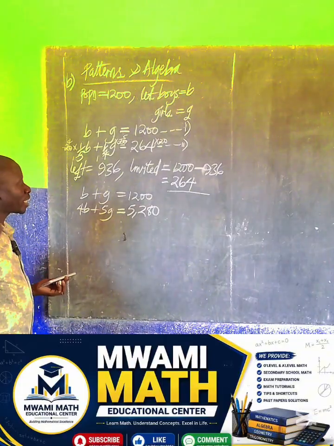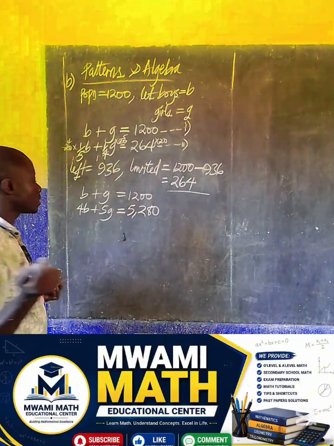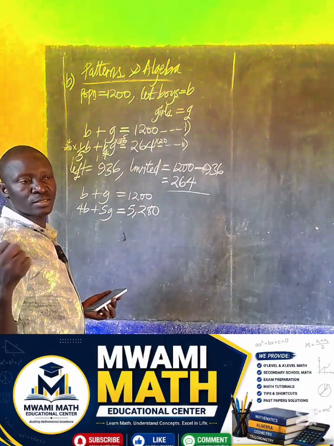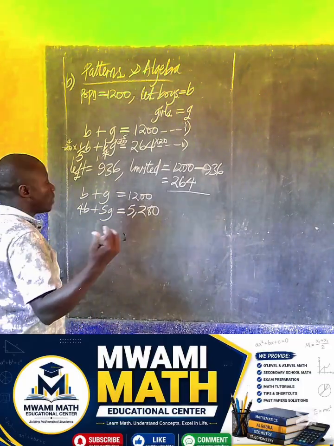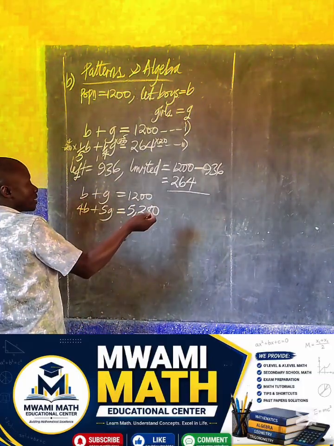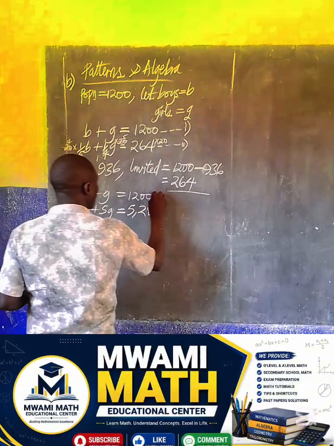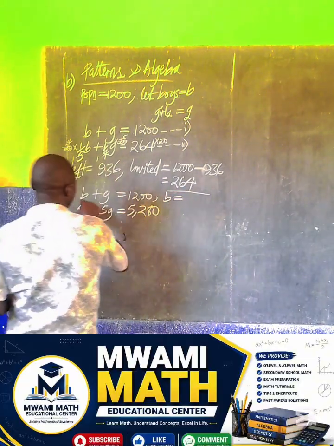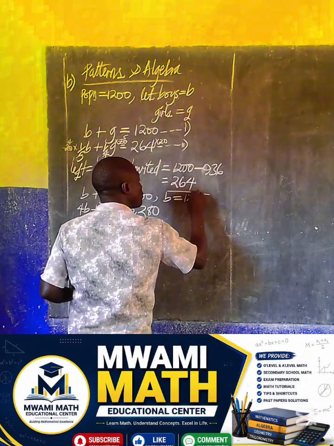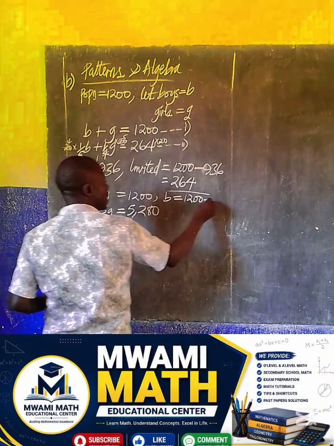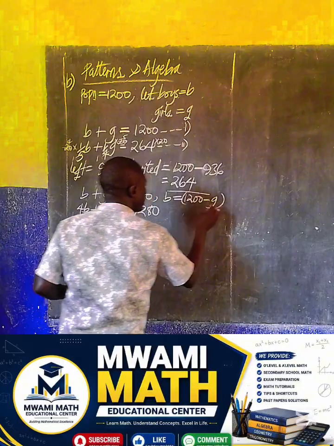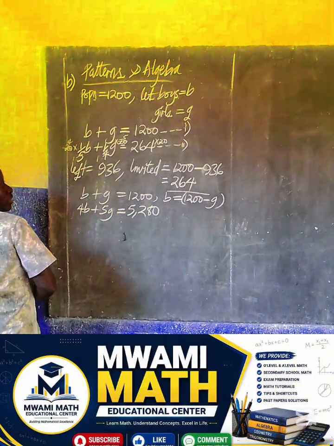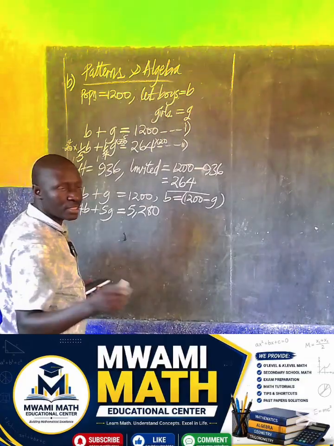So now we can solve them simultaneously. How? We can use the first method, or by letting one letter the subject. So from here, B is equal to 1,200 minus G. So carry this and substitute in this. That is substitution method.